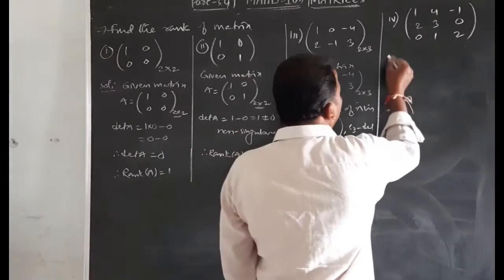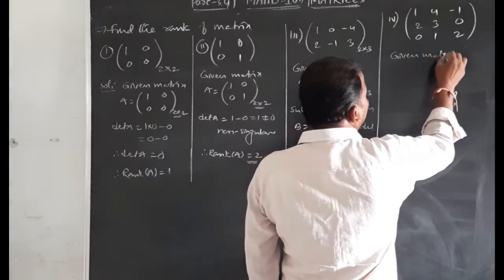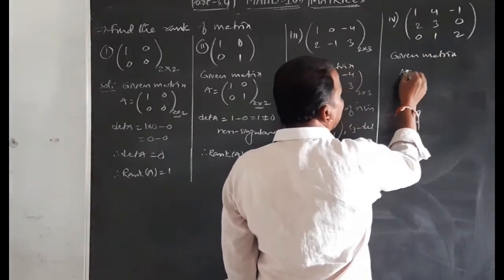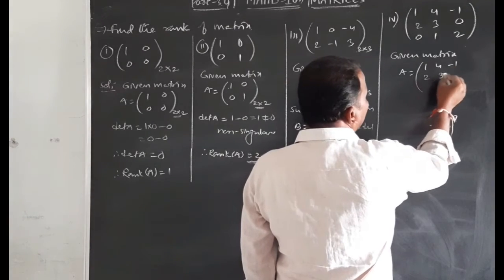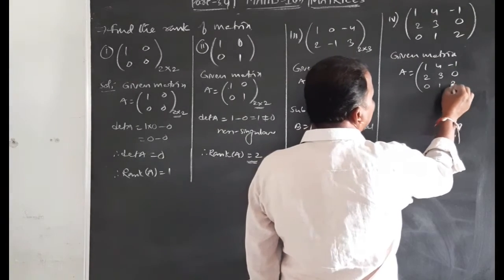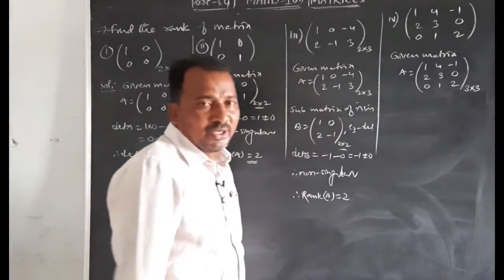Next, given matrix A equals 1 4 minus 1, 2 3 0, 0 1 2. It is a 3 by 3 square matrix.